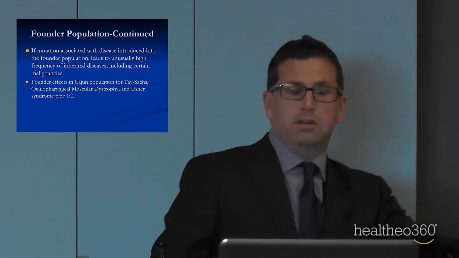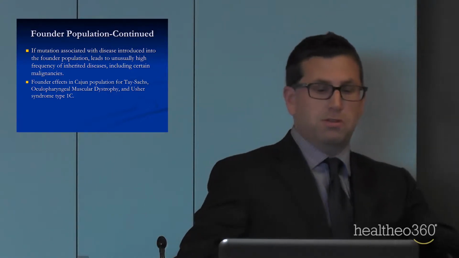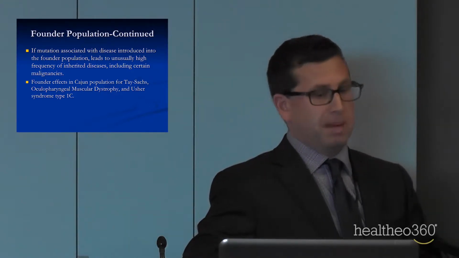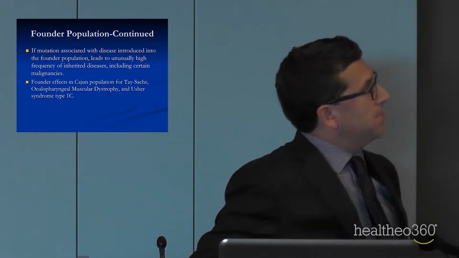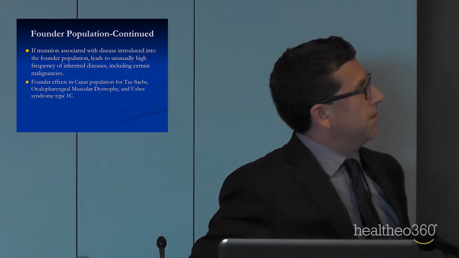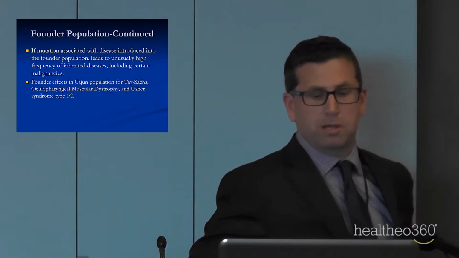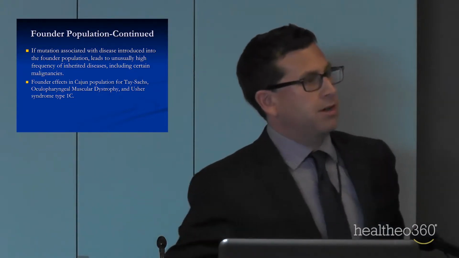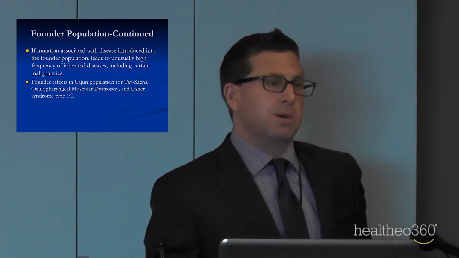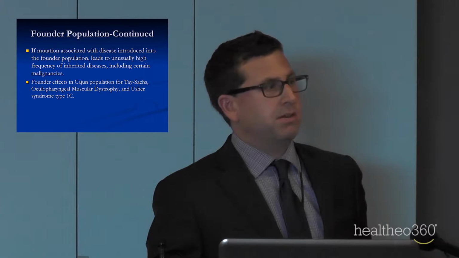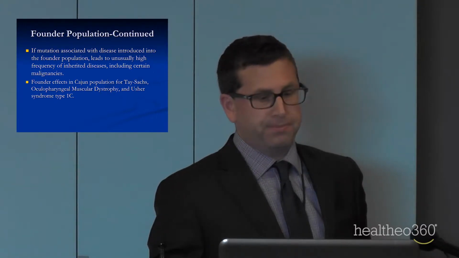If a mutation associated with disease is introduced into a founder population, you could see very high rates of that disease within that population. In the Cajun population specifically, there has already been a demonstrated founder effect for Tay-Sachs, oculopharyngeal muscular dystrophy, and some other autosomal recessive diseases. But no one ever looked at cancers that may be inherited in a Mendelian fashion, like colorectal cancer.